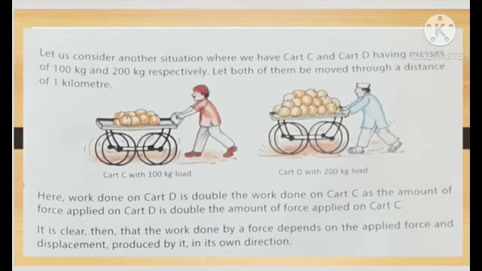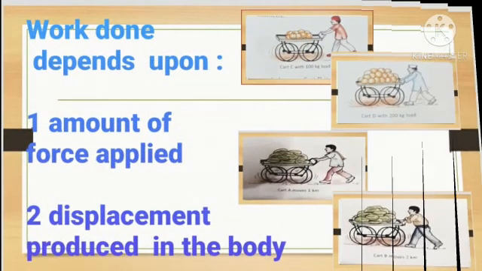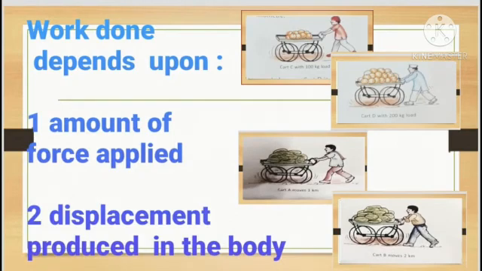Though the displacement is same, in case of cart D, double of the force is applied in comparison to cart C. That's why we can say in the second case, cart D, the work done is double.